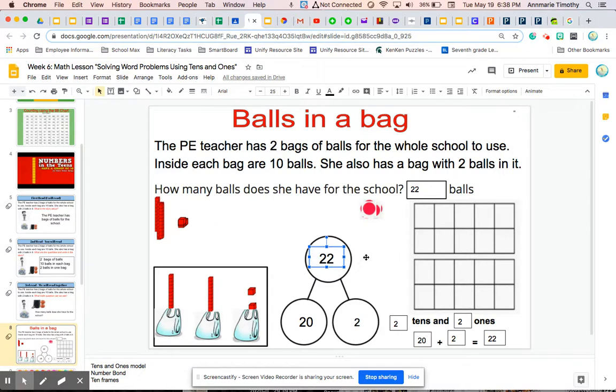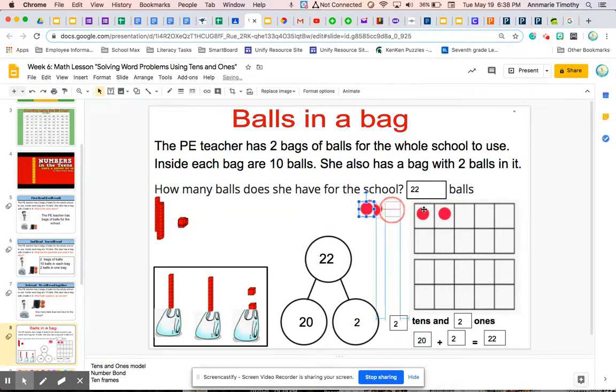Finally, we're going to use our 10 frame over here. She has how many balls in one bag? 10. 1, 2, 3, 4, 5, 6, 7, 8, 9, 10 balls in one bag.